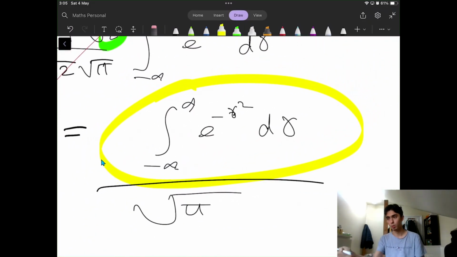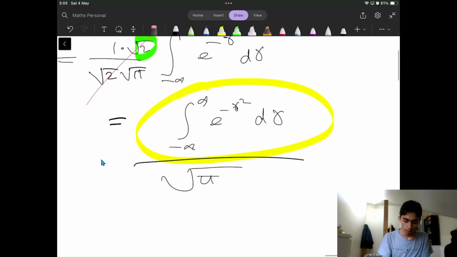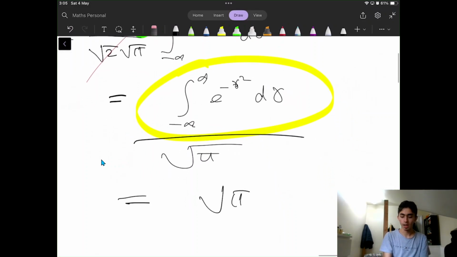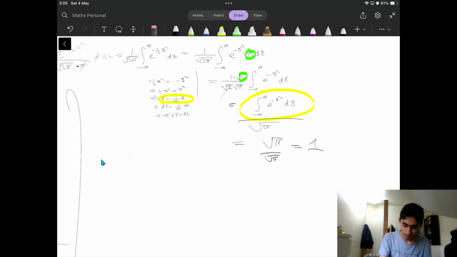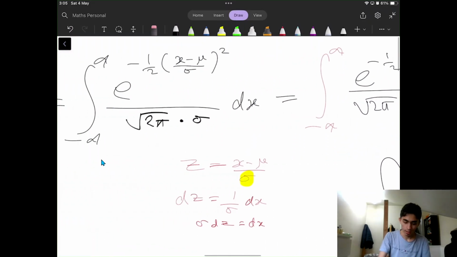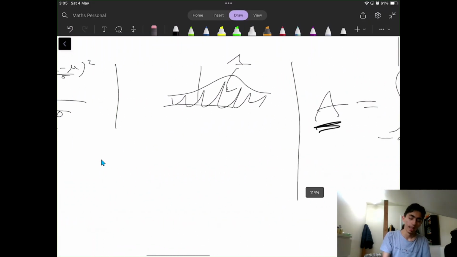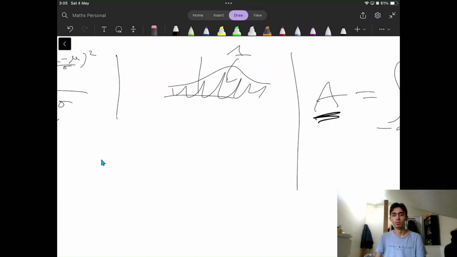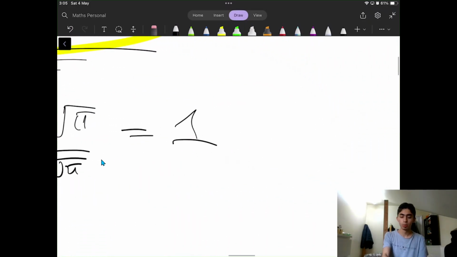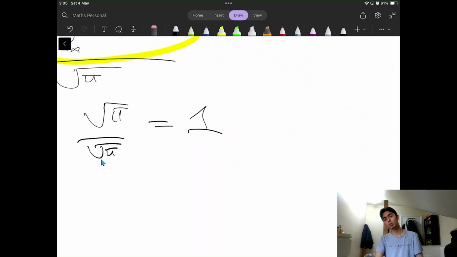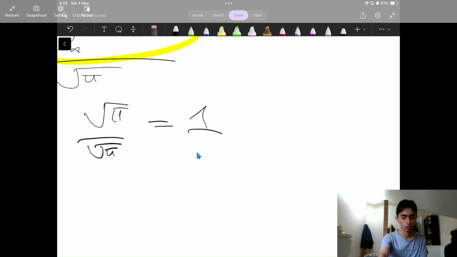Therefore, they are interchangeable: this x and this z and this gamma and this whatever. So that's why the numerator of this expression is just root pi. The denominator is root pi. What happens when you divide them? You get 1, which from the start was just equal to the area underneath any normal distribution function, with any valid mu and sigma values. So I'm happy to say that this proves that the area underneath any normal distribution function is just 1.